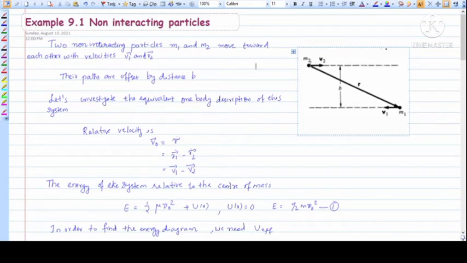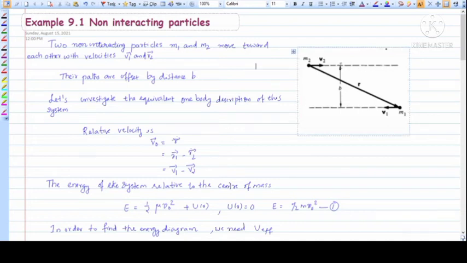They are moving towards each other. This mass is moving in this direction and this particle is moving in this direction, and the first particle is moving with the velocity v1 and the second particle is moving with the velocity v2. Their paths are offset by a distance p.